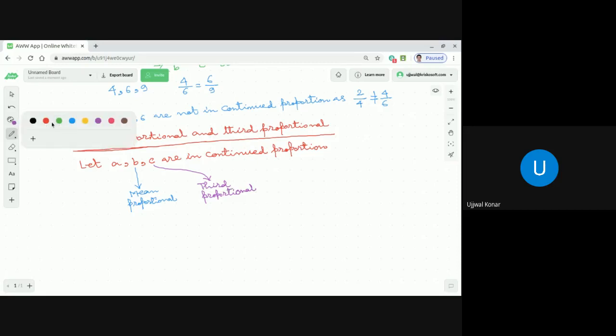Okay. So how can we find the value of the mean proportional? As we know, A by B is equal to B by C. Why? Because A, B, C are in continued proportion.